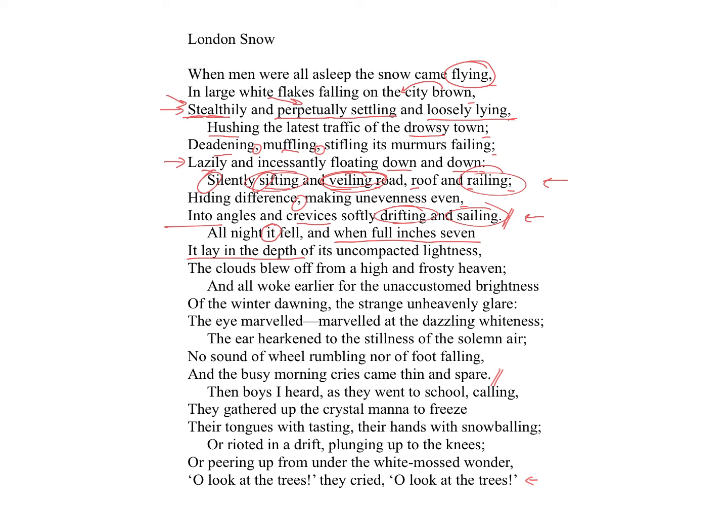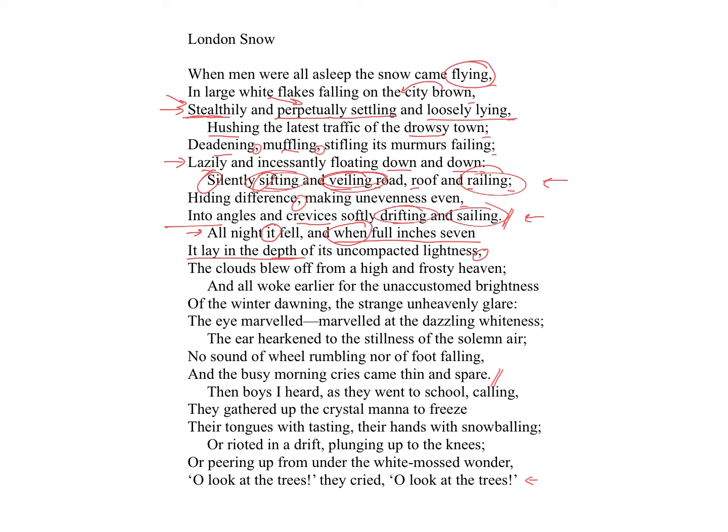So, when full seven inches lay in the depth of its uncompacted, so its unsquashed lightness. Okay, so it fell all night and it was seven inches deep. And when it was seven inches deep, what happened? Well, we get that comma there introducing the next clause.